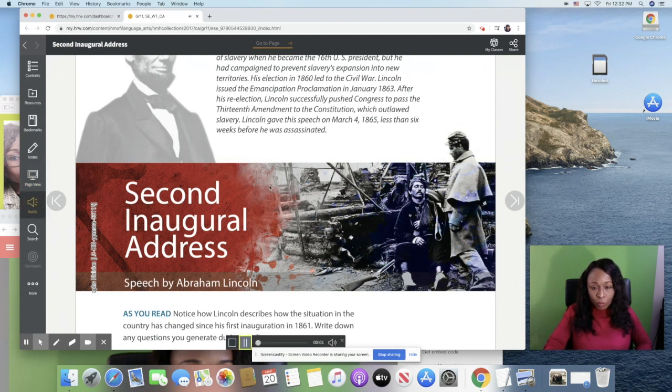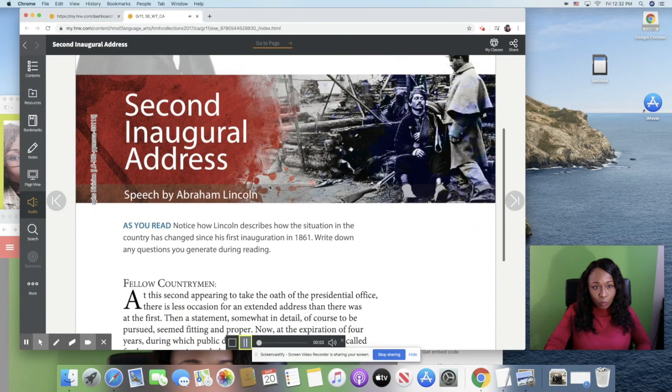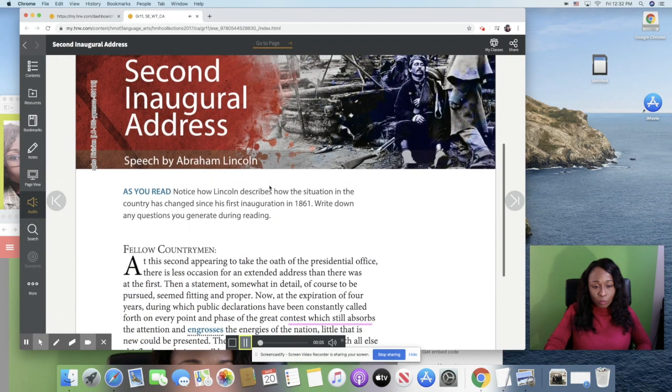Second Inaugural Address. Speech by Abraham Lincoln. Fellow countrymen, at this second appearing to take the oath of the presidential office, there is less occasion for an extended address than there was at the first. Then a statement, somewhat in detail, of course to be pursued, seemed fitting and proper.